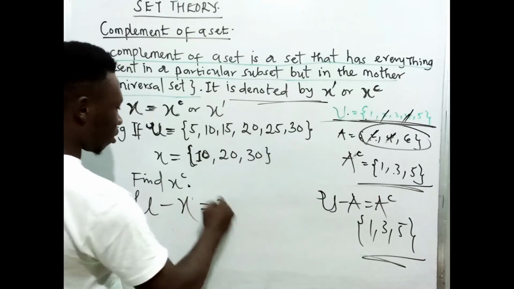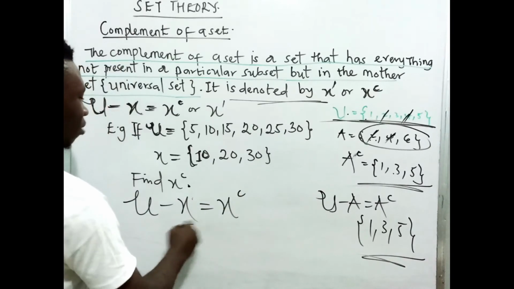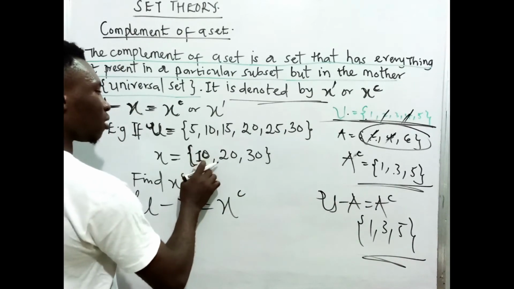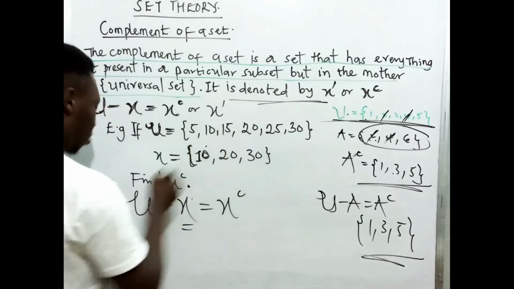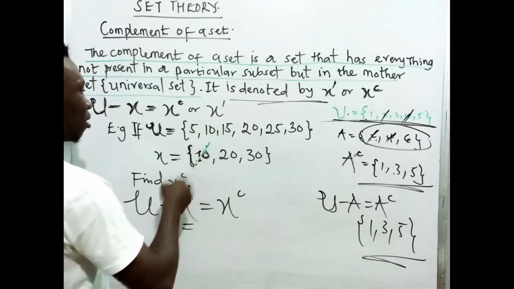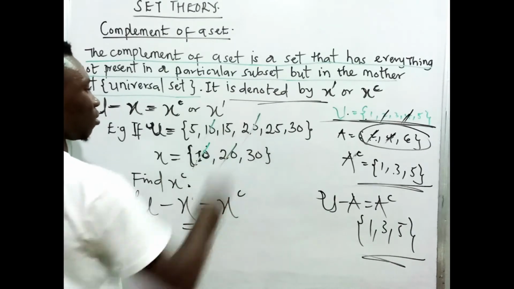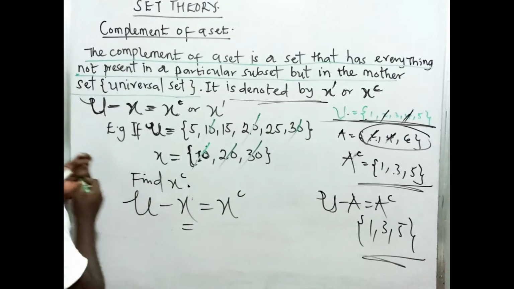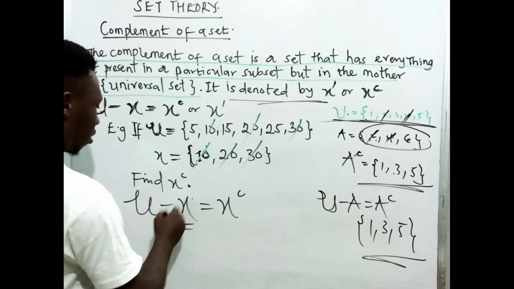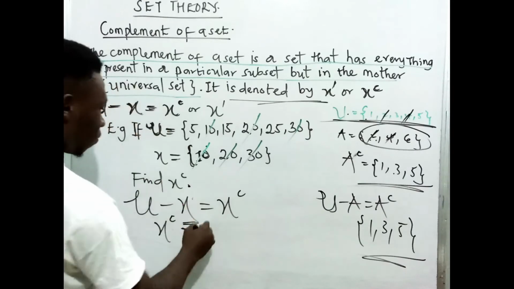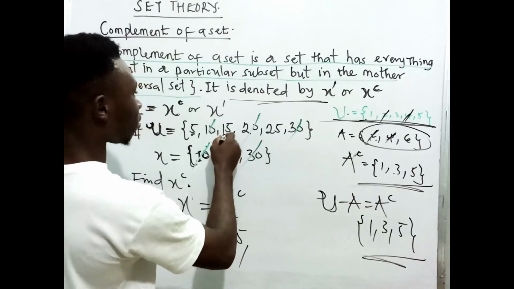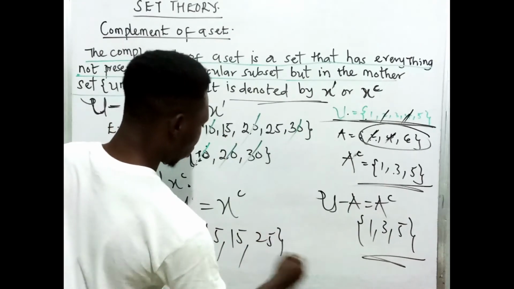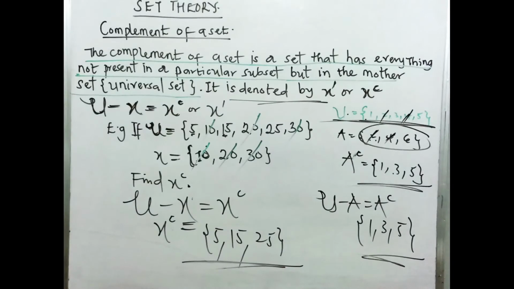This cancels, this cancels, and this cancels. So your X complement here is now equal to 5, 15, and 25. So this is your X complement, and that's your final answer.